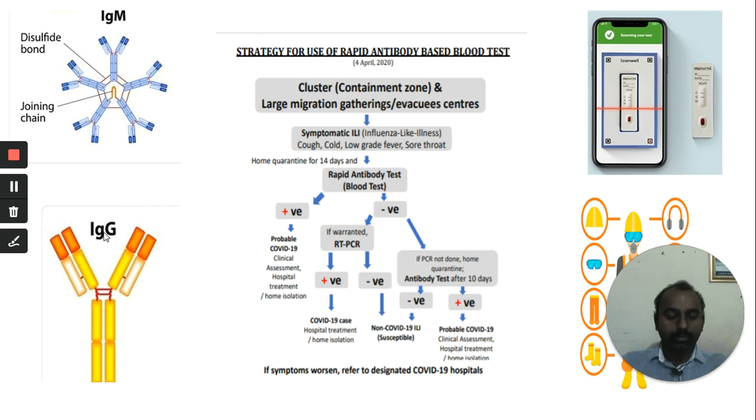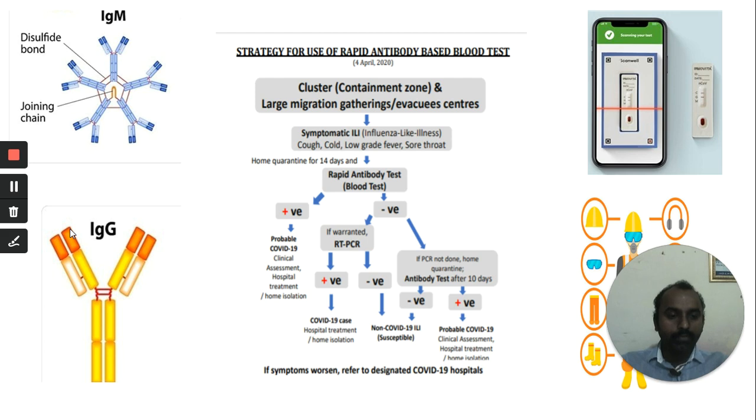Suppose in the initial stage of testing the individual is reported with IgM antibodies in his body, that means he is at an initial stage of infection. Whereas later, after a certain stage, if he shows only the IgG antibody, it clearly tells that he is now immune enough so that he will not be targeted by the virus.